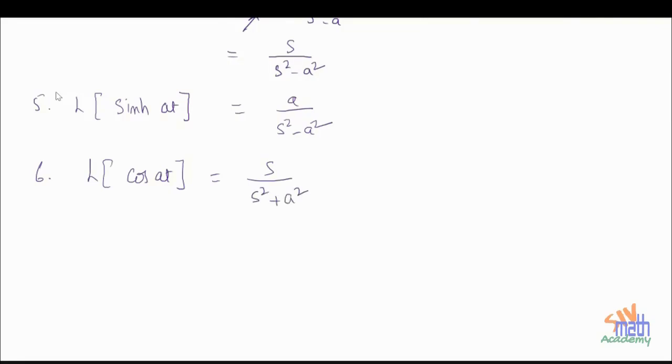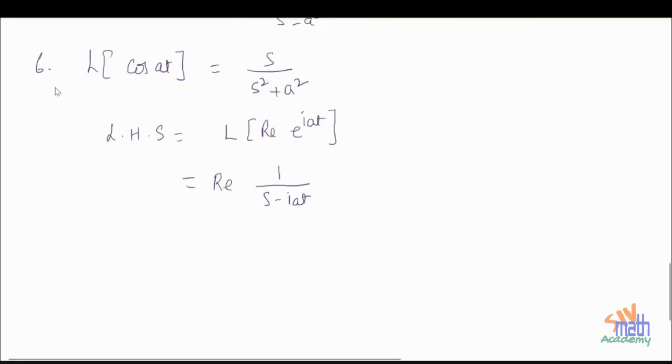So you may ask how it is coming. Basically, you can write here LHS is equal to the real part of L of e power iat, correct? Which is equal to the real part, you can take it outside. L of e power iat is 1 upon s minus ia, you can write, correct? So further you can write it like this.